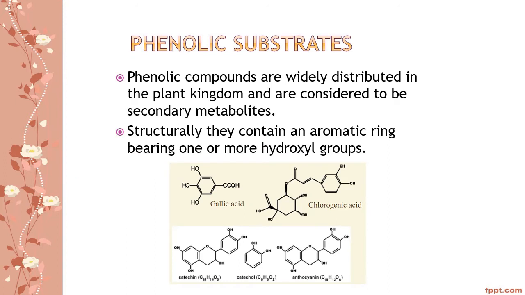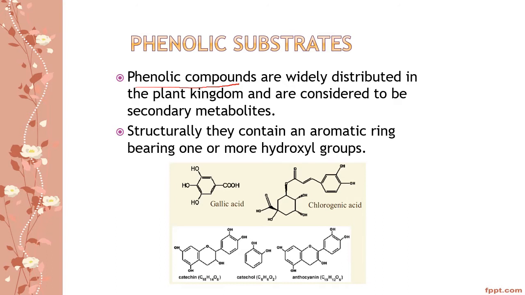This browning involves what we call a phenolic substrate. Phenolic compounds are widely distributed in the plant kingdom and are considered to be secondary metabolites. Structurally, they contain an aromatic ring bearing one or more hydroxyl groups.